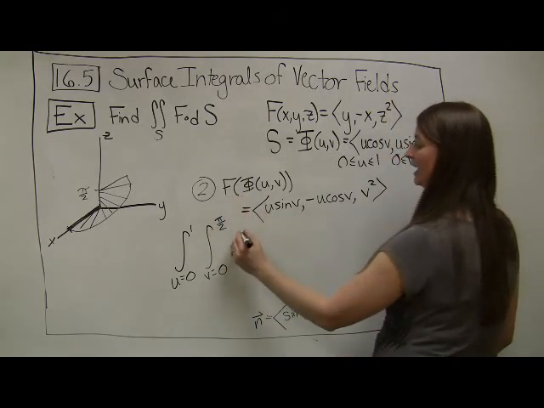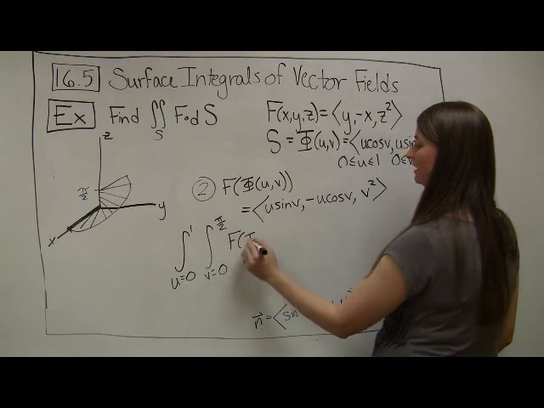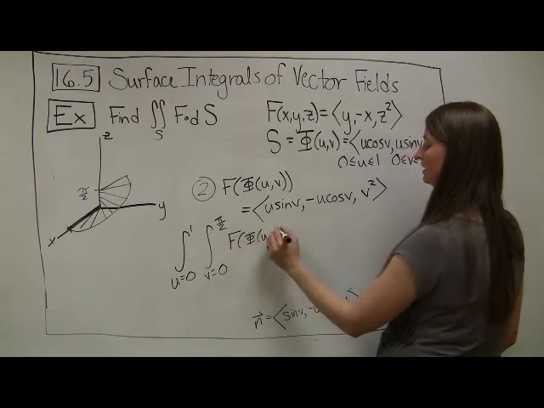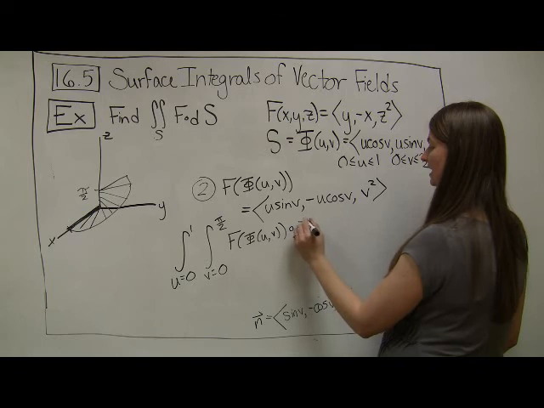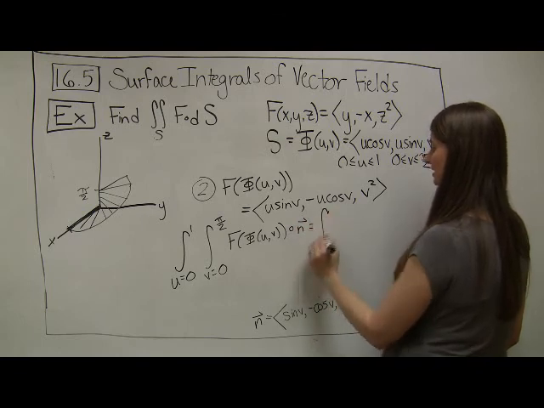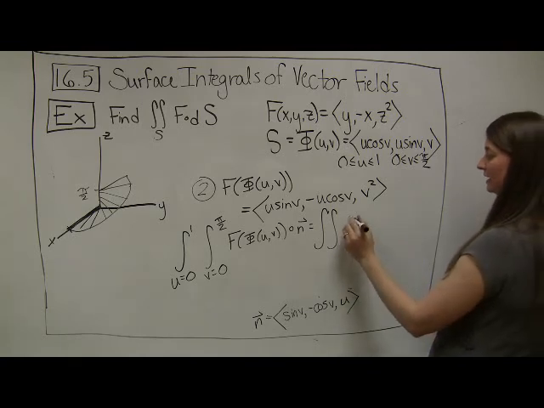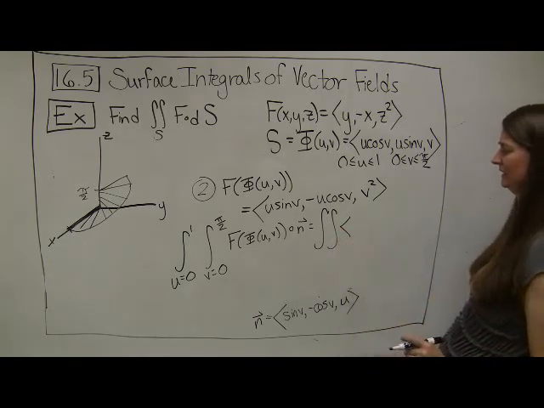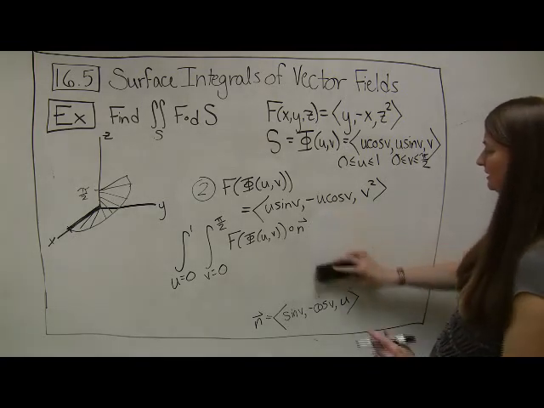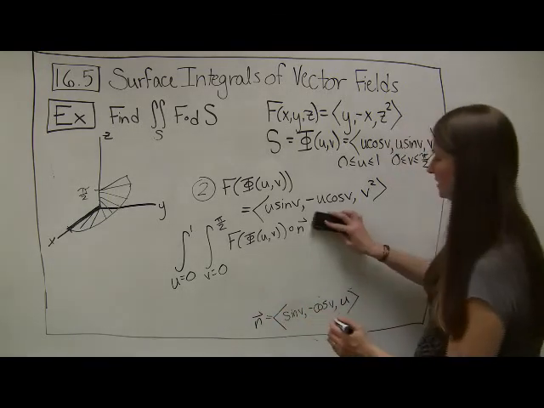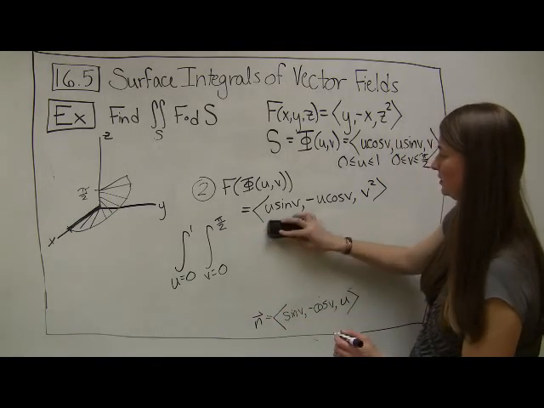And my F of phi of uv dotted with n, in this case, is given by F of phi of uv written right here. Oh dear, I'm totally out of room. I'll just erase this because we know this.